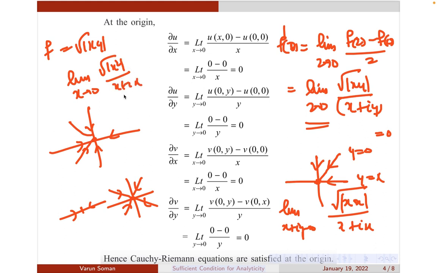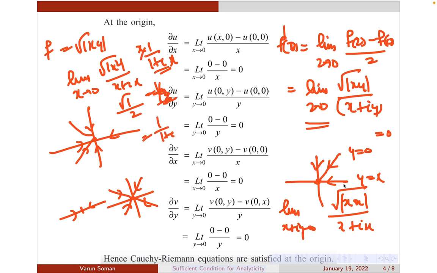If I take x square outside, it is actually 1 by 1 plus i. Why? I can take x square outside, so only 1 will remain here, and root 1 is 1. So it is x by x plus ix, and the x in the numerator and the x in x plus ix get cancelled out. So you get the value 1 by 1 plus i.